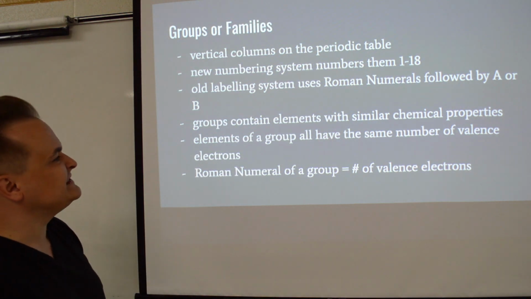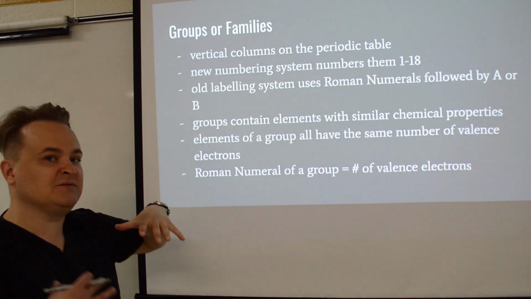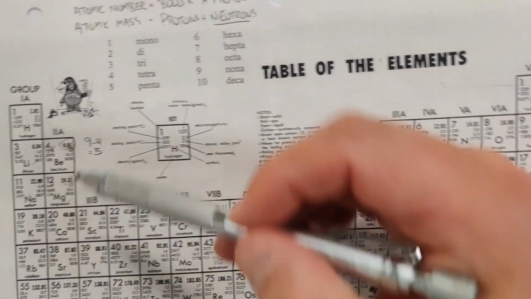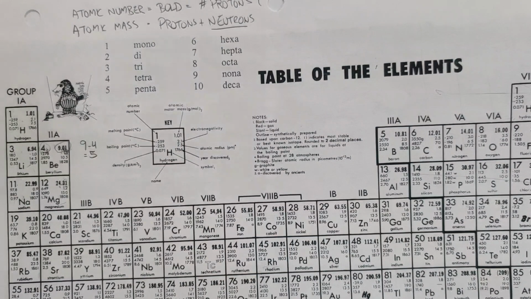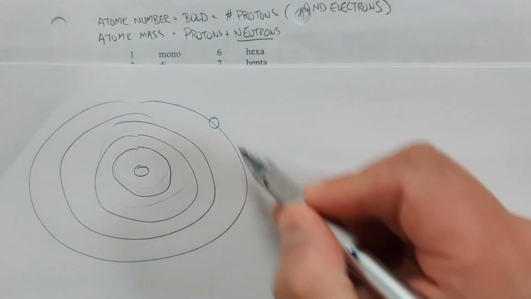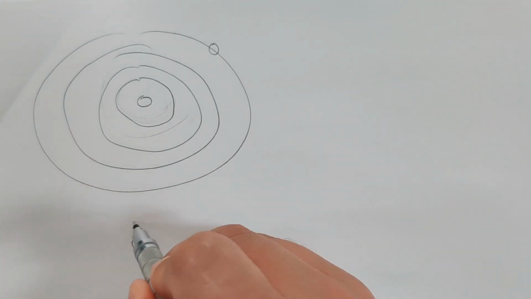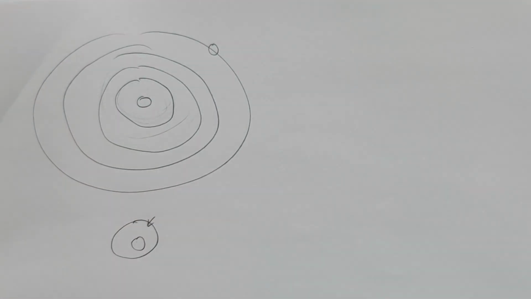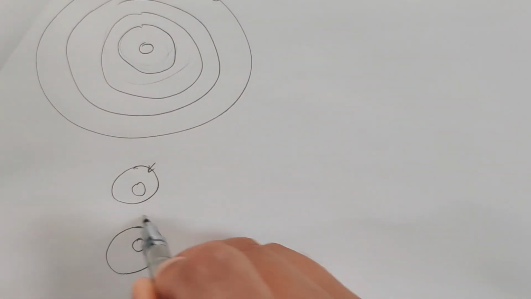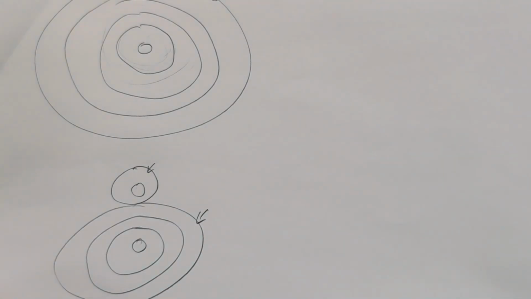Elements of a group have the same number of valence electrons. Don't worry about that yet because we're going to get into it, but you need to know what a valence electron is. Whenever you look at a diagram, the last ring is always called the valence ring. If we did one that only had one ring, well, this would be considered the valence ring. If we did an atom diagram that had 3 rings, well, the last ring is considered the valence ring.